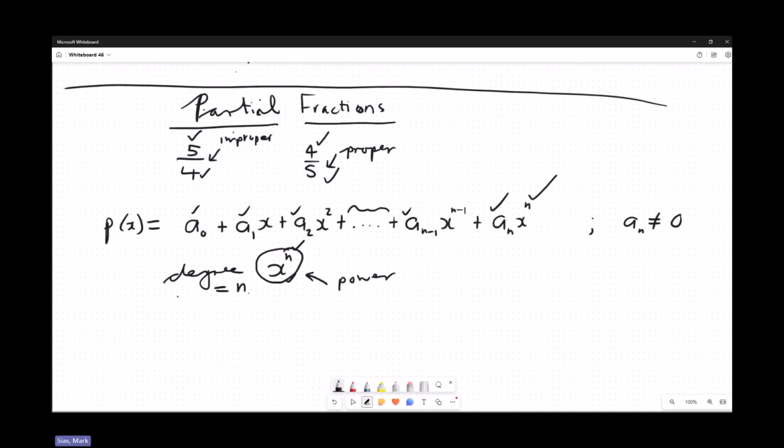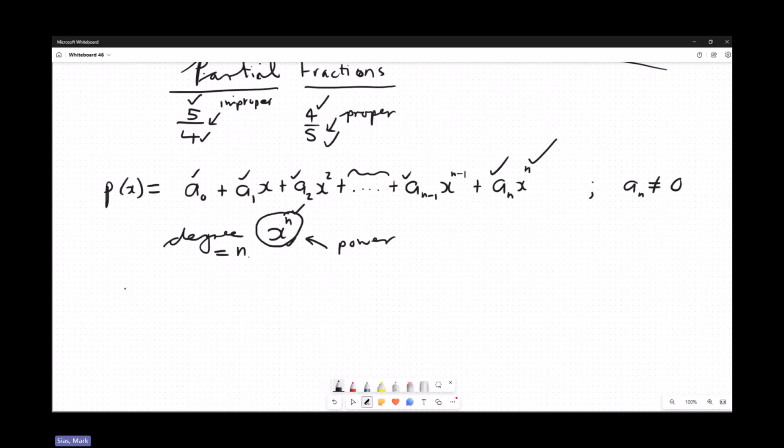For example, if you look at a quadratic polynomial, a quadratic function, let's say p of x is equal to x squared minus 2x plus 1. There we have what we call a quadratic polynomial. Here this coefficient is 1, this coefficient is minus 2, and that constant term there is just 1.